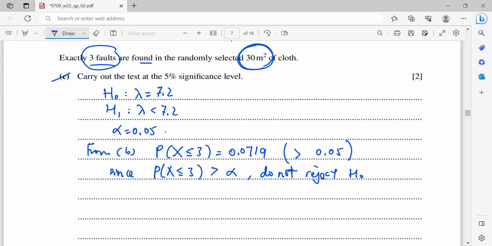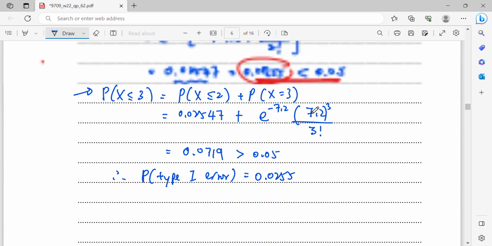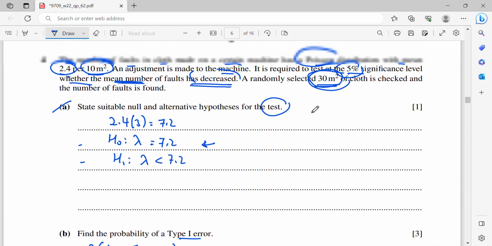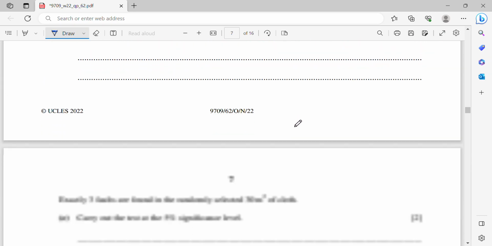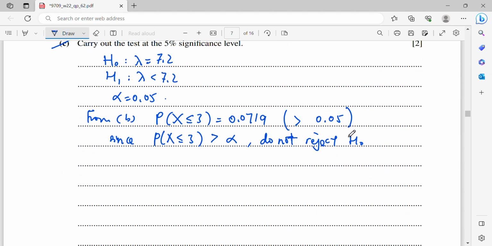So now let's go back to the objective of this test. You want to test whether the mean has decreased, right? From here we know that we do not reject H0. We do not reject H0 means that we don't have enough evidence to conclude H1.